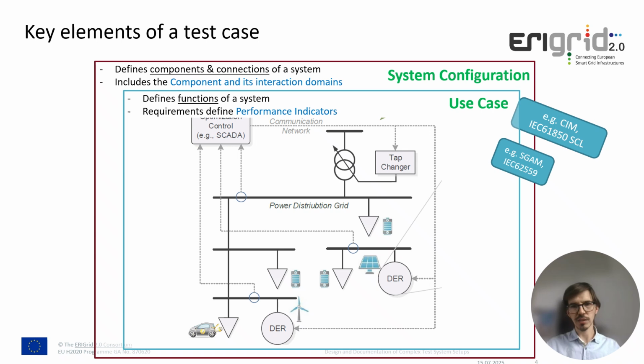Related is the standard IEC 62559, which defines the use case template, and very much related is also the smart grid architecture model, which outlines how to orient in that space of potential smart grid functions. Now, this defines the technology, but how do we test it?